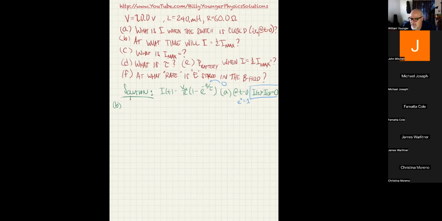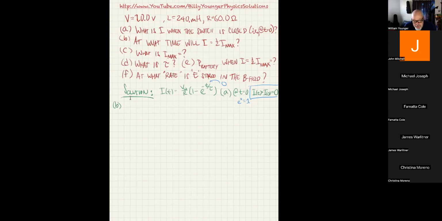So that's the same thing as the limit of 1 over e to the t over tau. So as the t in the exponent allows t to approach infinity, then that becomes basically 1 over infinity, which of course is 0.